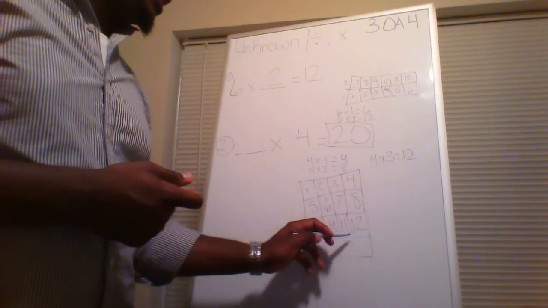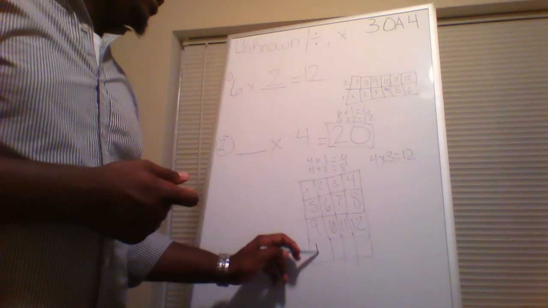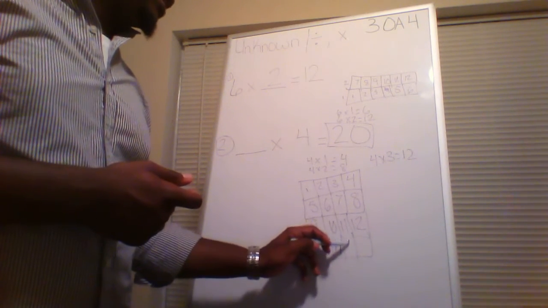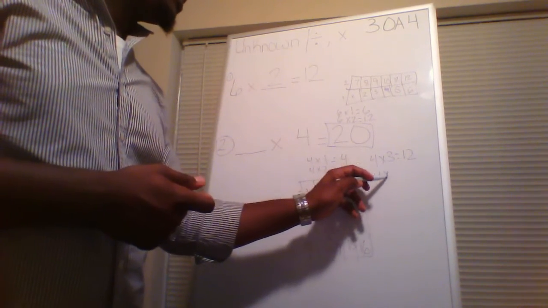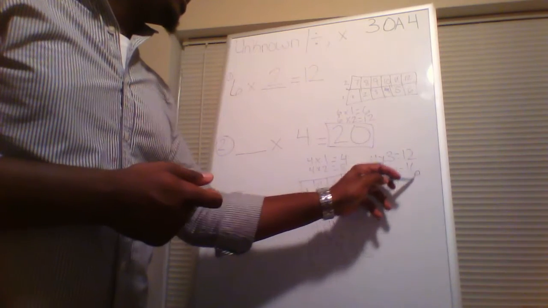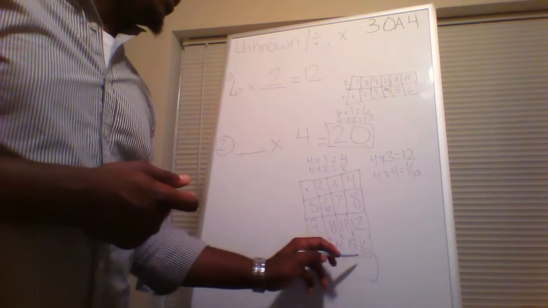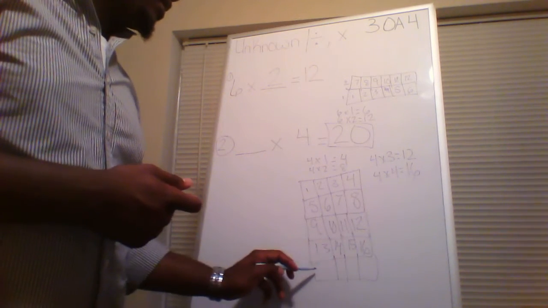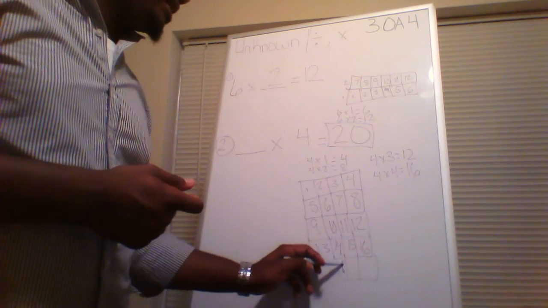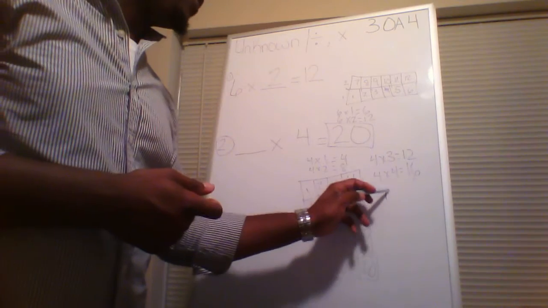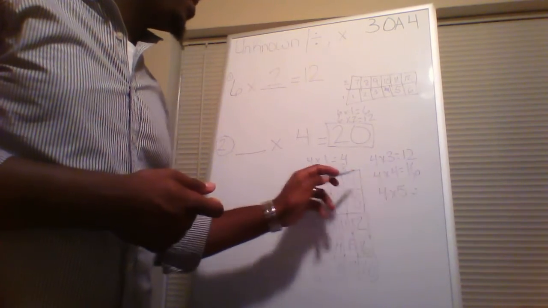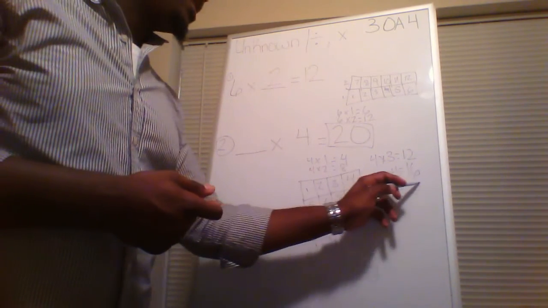I'm not at 20 yet, so I've got to keep going. 13, 14, 15, 16. That's 4 stacked 4 times equals 16. Add another row. 17, 18, 19, 20. So that means 4 stacked 5 times, 1, 2, 3, 4, 5, equals 20.